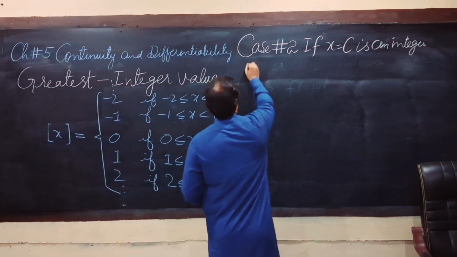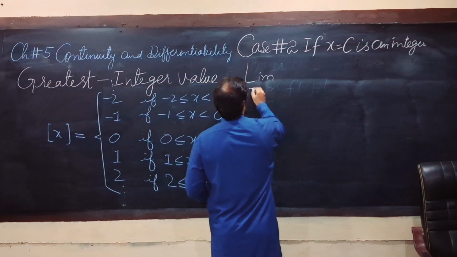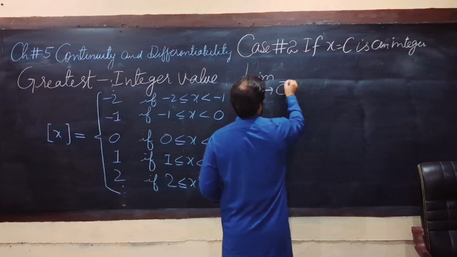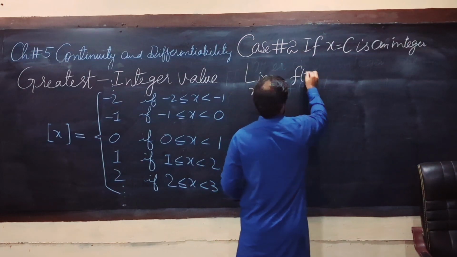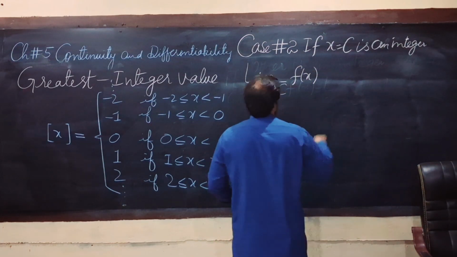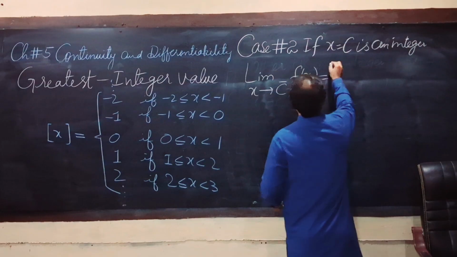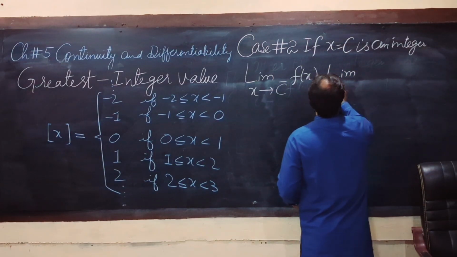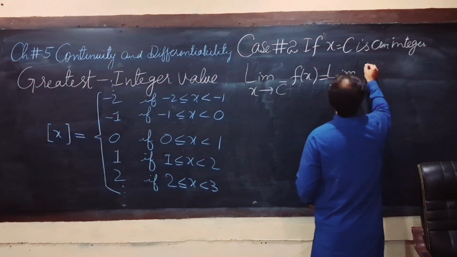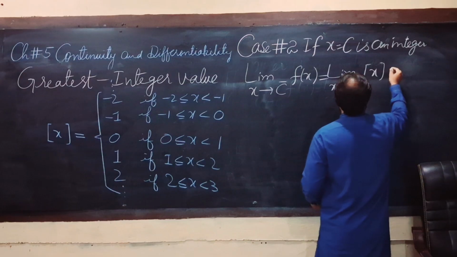Firstly, we evaluate its left hand limit. Limit as x approaches c from the negative side, f(x), my function is the bracket value of x.